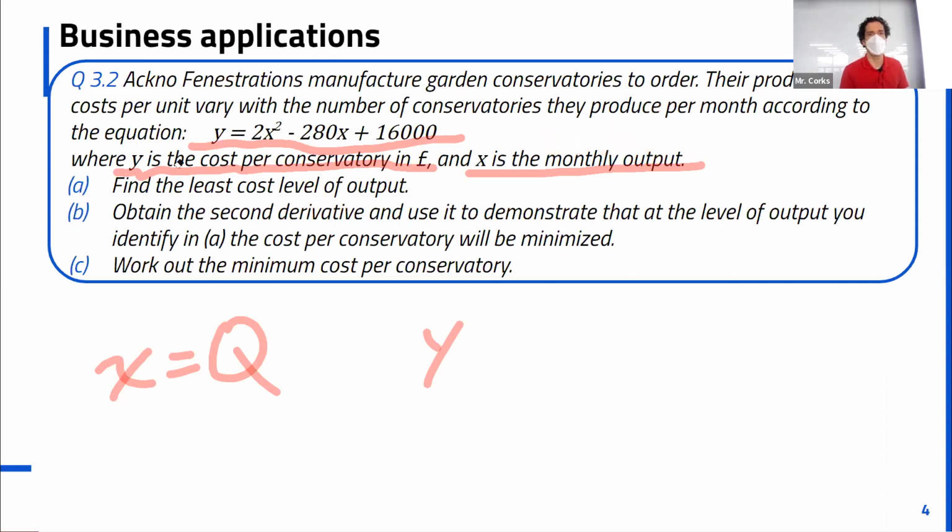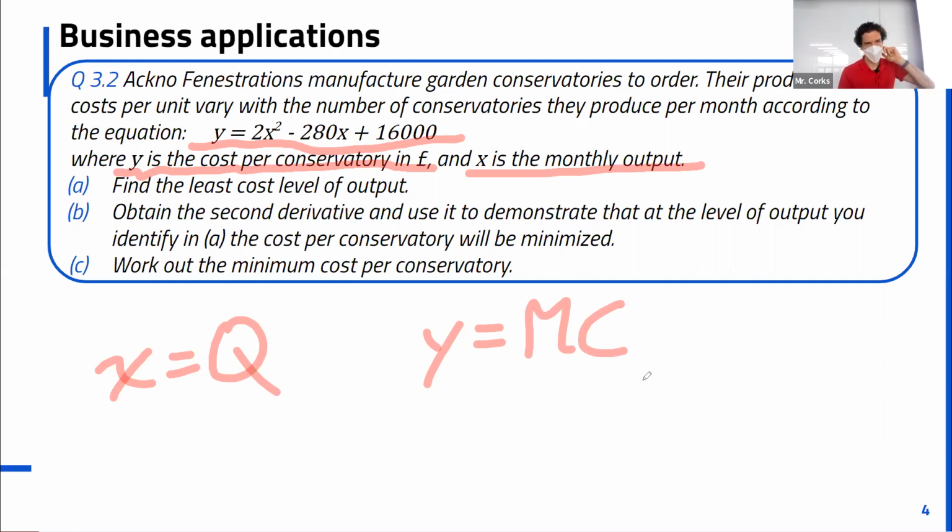So this is the cost per unit, cost per conservatory. Okay, this is the marginal cost here. They have not given us a total cost equation. This is the per unit cost.